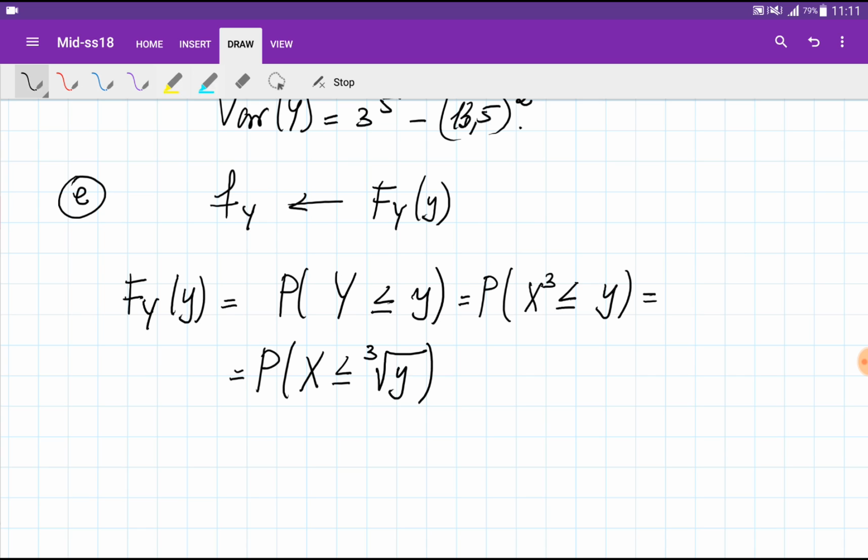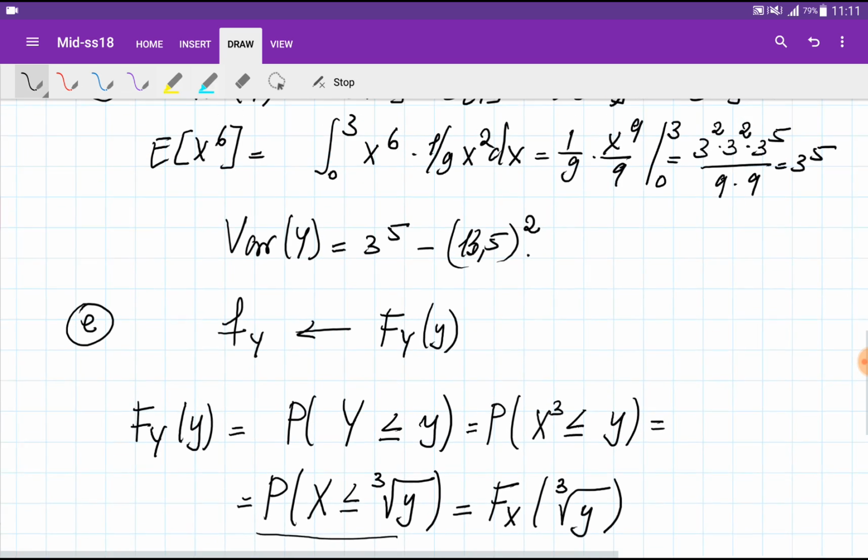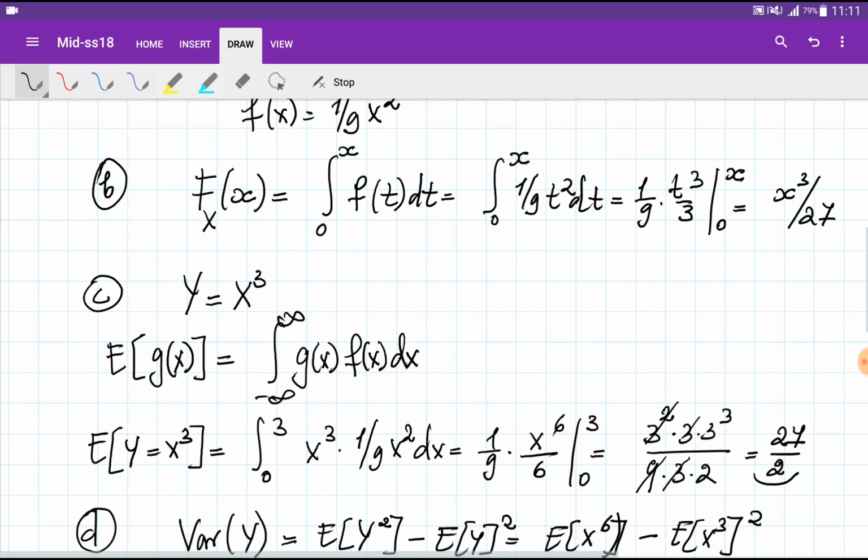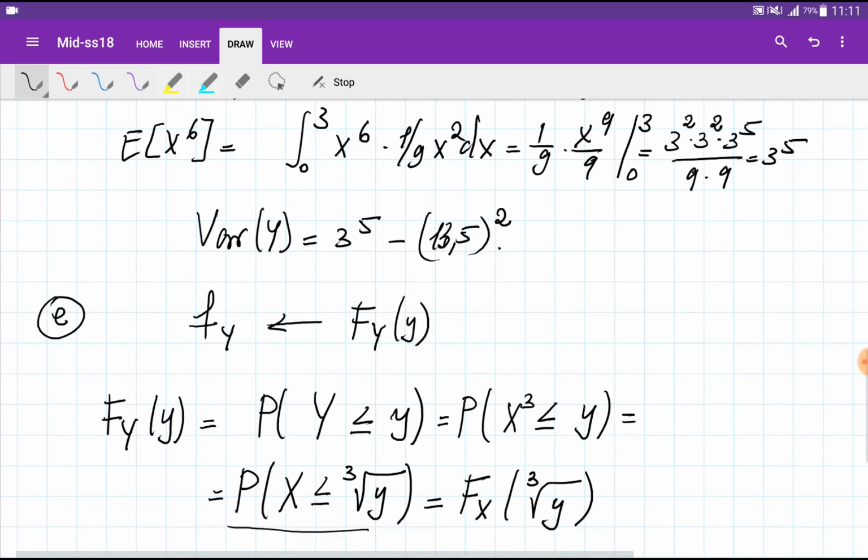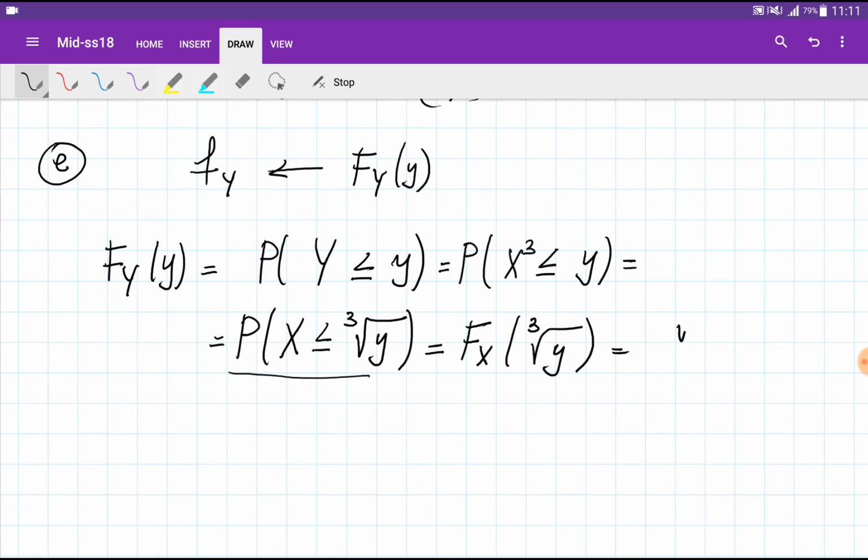So this is the cumulative distribution of x where we put in the value cubic root of y. We already calculated the cumulative distribution function for x, which is x cubed divided by 27, so with the cubic root of y, the cube divided by 27, or simply y over 27, right?